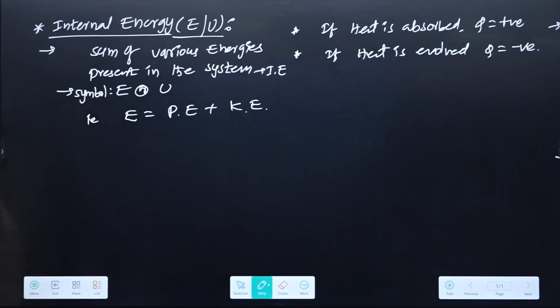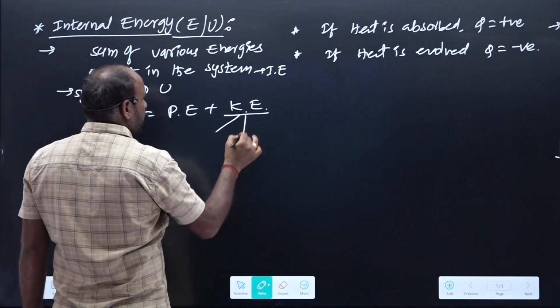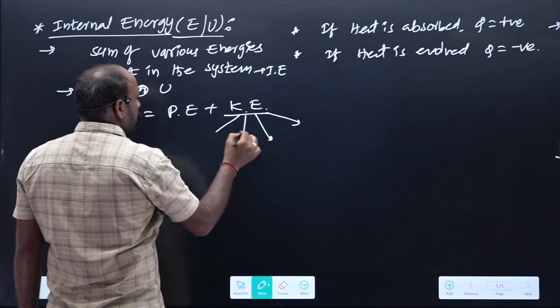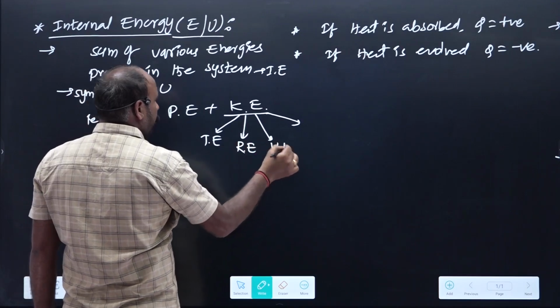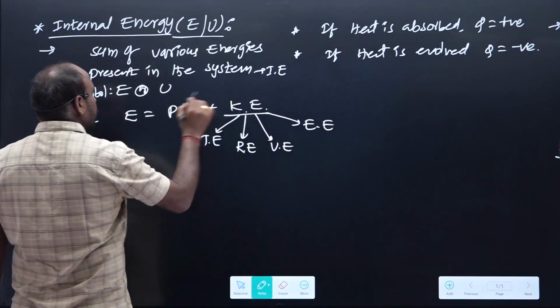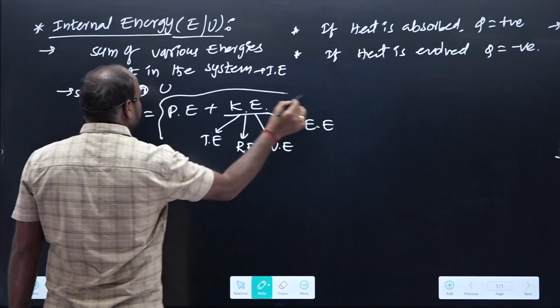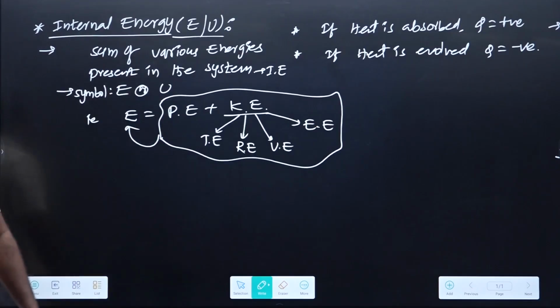How many types of kinetic energies are there? Kinetic energies will be translational energy, rotational energy, vibrational energy, electronic energy. The sum of all this potential energy as well as kinetic energy will be equal to internal energy. Whatever potential energy and kinetic energy the system is carrying will be called internal energy, right? So that is one definition.